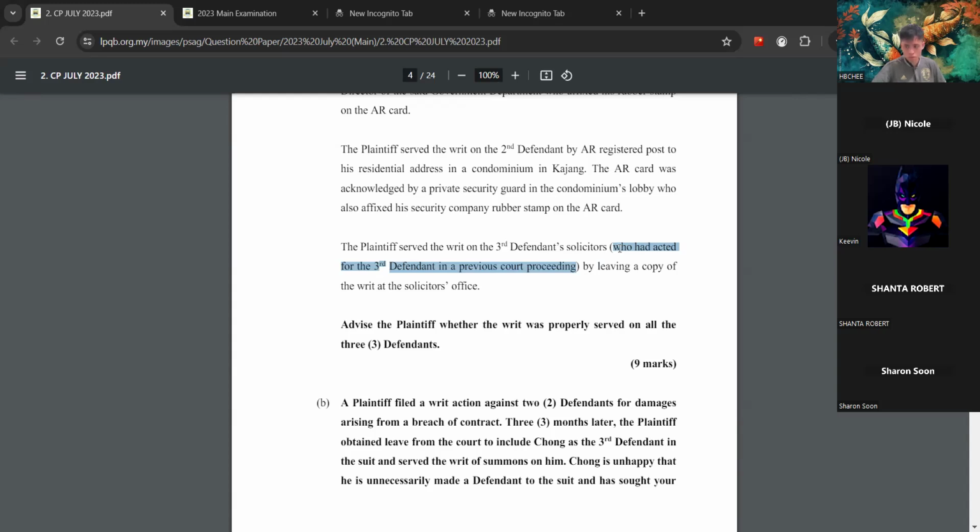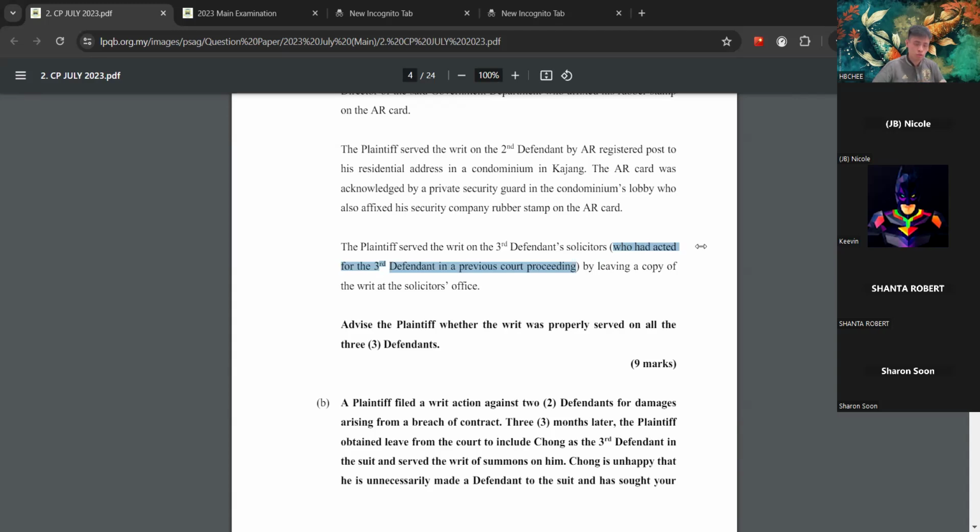Sometimes it is not necessary unless there are certain issues, like, let's say right now I am the one suing the third defendant, and the solicitor of the third defendant has previously advised and acted for me.